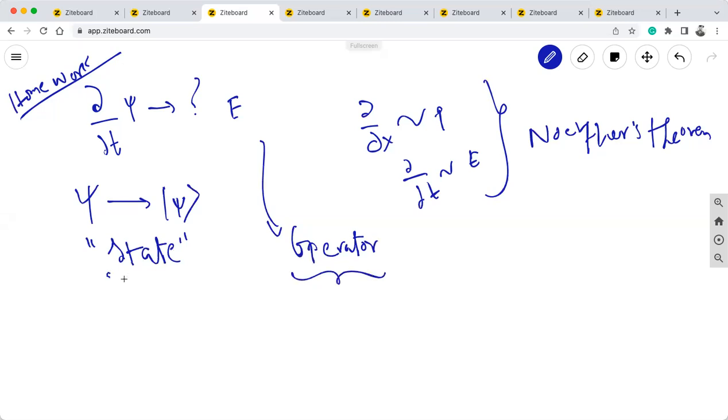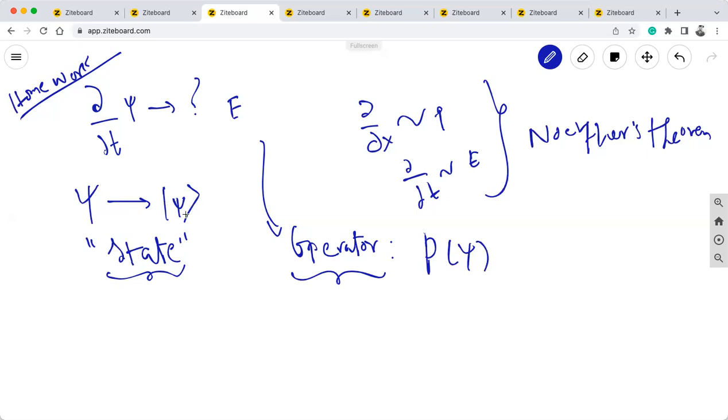This operator and these states should follow them. A typical operator you can call p, because it will act on your wave function. If chi is your wave function, p acting on chi is your operator, and this is the state.